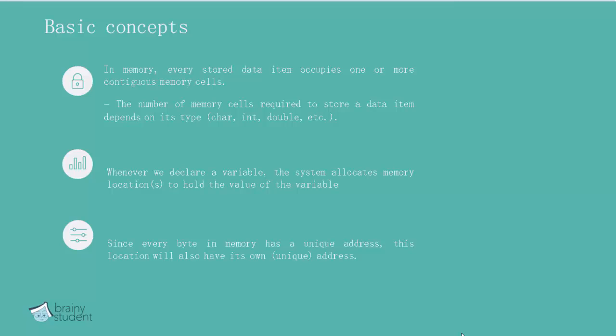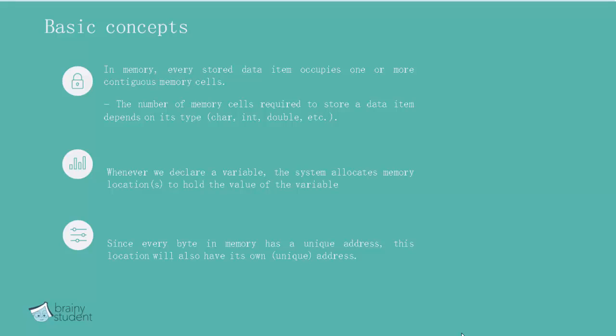The number of memory cells required to store a data item depends on its type. We have data types in C++, and each and every data type reserves some bytes of memory. For example, a character can hold 1 byte, an integer can hold 2 bytes, a double can hold 4 bytes, like this.